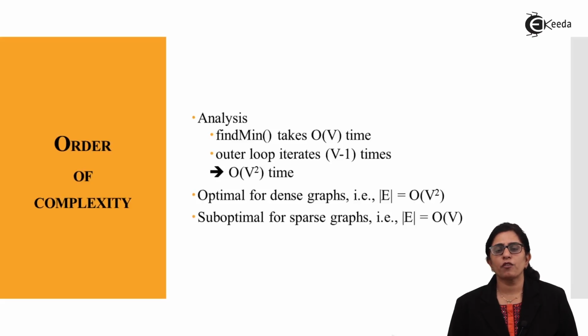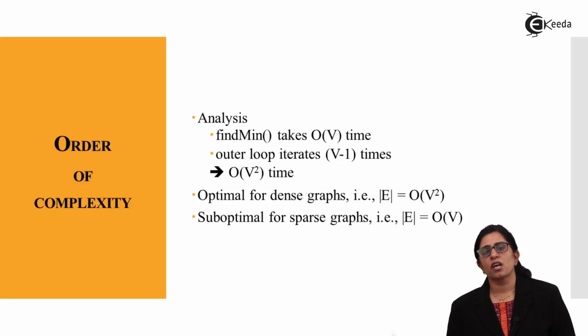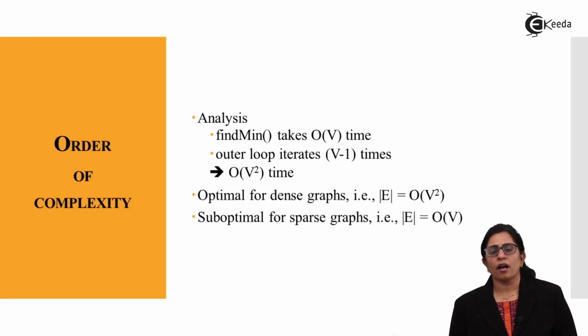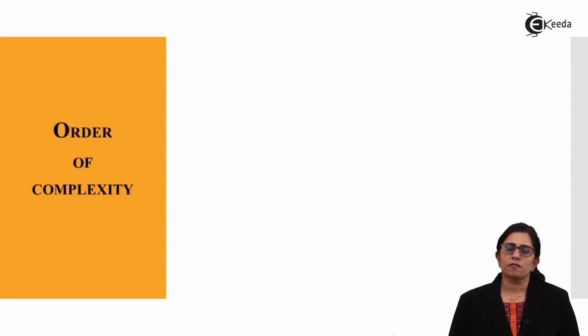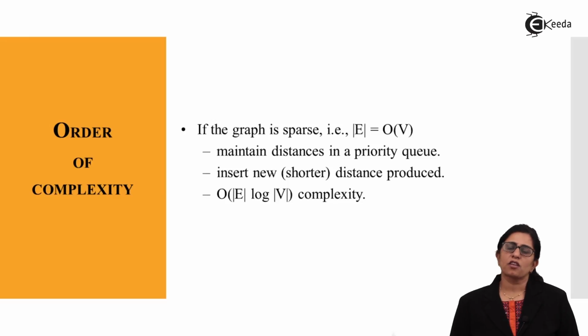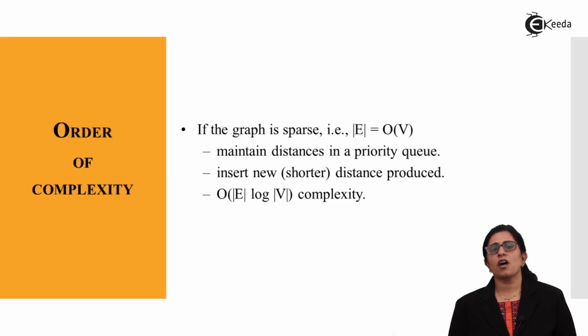And the suboptimal case for sparse graphs is big O of E for all the edges and big O of V for all the vertices. And again, if the graph is sparse, we maintain the distances in a priority queue. That is, all the nodes are sorted and the distances are put in a priority queue.